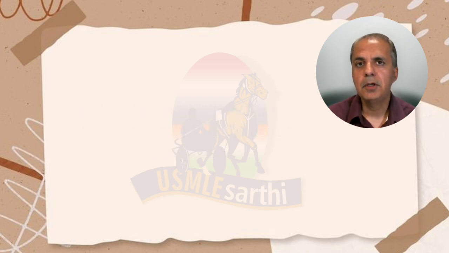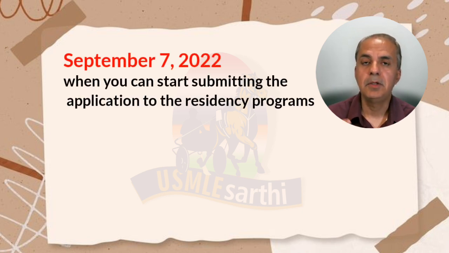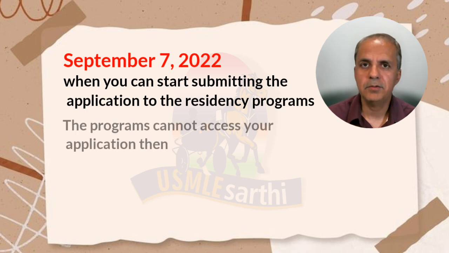The other important date you need to remember, especially as IMGs, is the date when you can start submitting the ERAS application, different from the supplemental application. You can start submitting on September 7th. The important point to note is that the programs cannot access your application on September 7th.